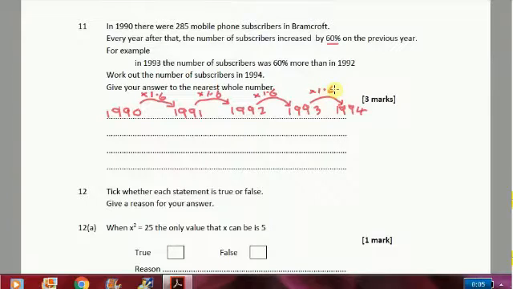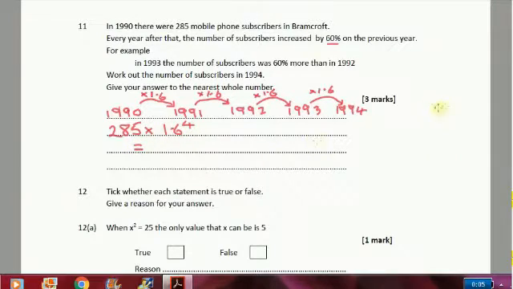So if we started, at the beginning it says there were 285 users in 1990, then we multiply that number by 1.6, then by 1.6 again, 1.6 again, and 1.6 again, so altogether 1.6 to the power 4.